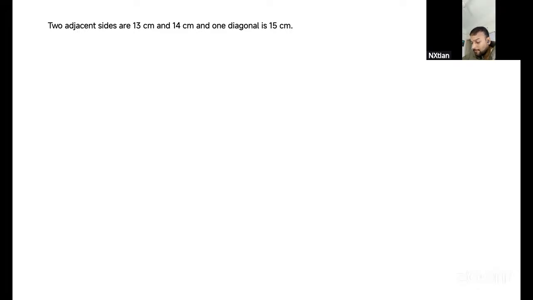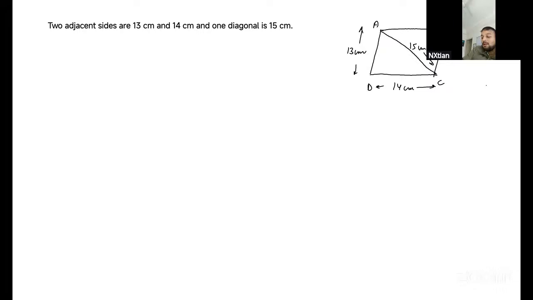We have to find the area. If I make the diagram, this is A, this is B, this is C, and this is D. This is 13 centimeters, this is 14 centimeters, and the diagonal is given, which is 15 centimeters. How will you find it?